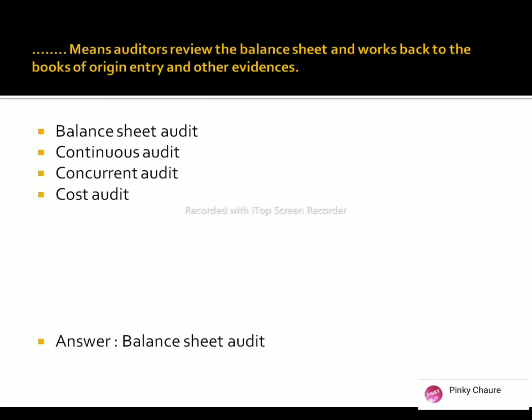Dash means the auditor reviews the balance sheet and works back to the books of original entry and other evidence. The option is balance sheet audit, continuous audit, concurrent audit, cost audit. Answer is balance sheet audit.